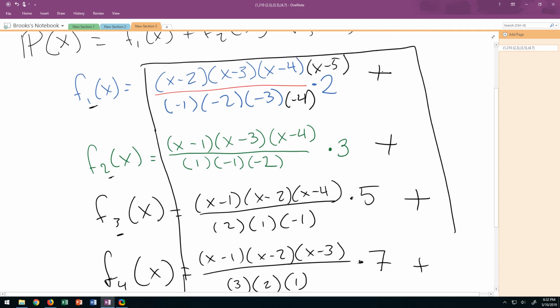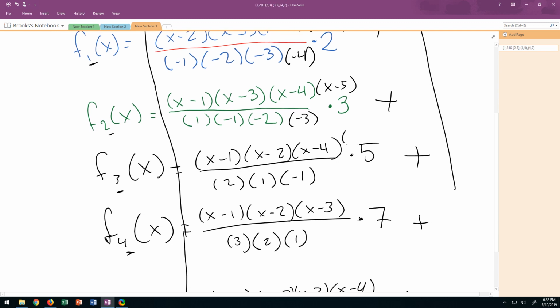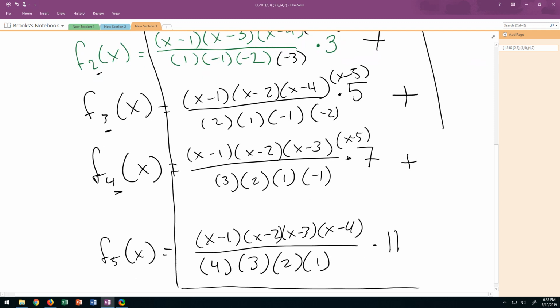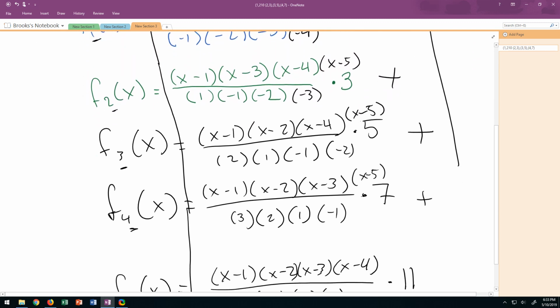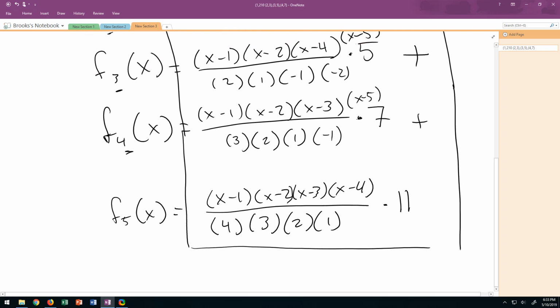So my basis functions change a whole lot, actually. I have to change every single term here. Let's see, 2 minus 5, negative 3, piece of cake. Then I've got x minus 5 here, and I've got 3 minus 5, negative 2, and I've got x minus 5 here, and down here I've got 4 minus 5, which is negative 1. All right, now that I've altered all the other polynomials, f sub 1 through f sub 4, and I have the correct f sub 5, now that's done.